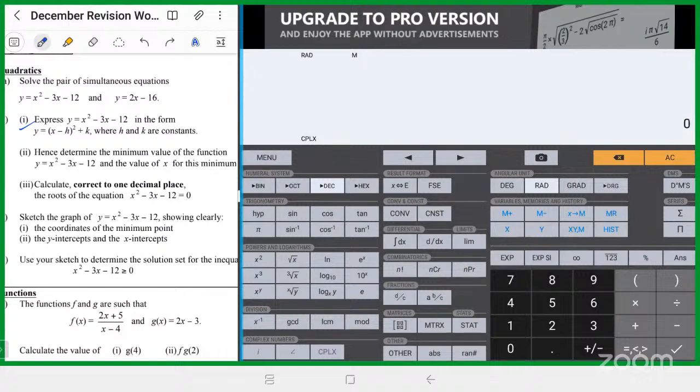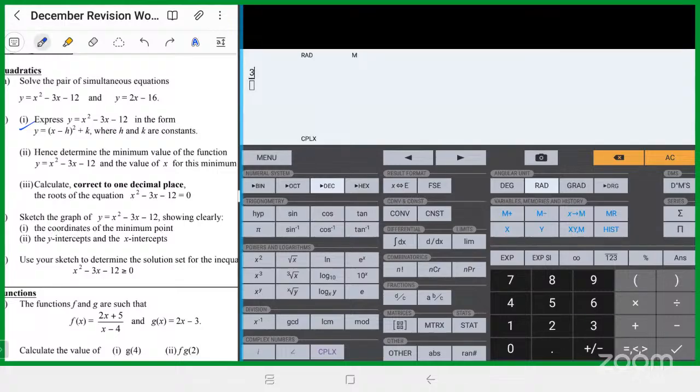Alright, so it's a fraction. It's 3 plus root 57 over 2. So one answer to one decimal place is 5.3.